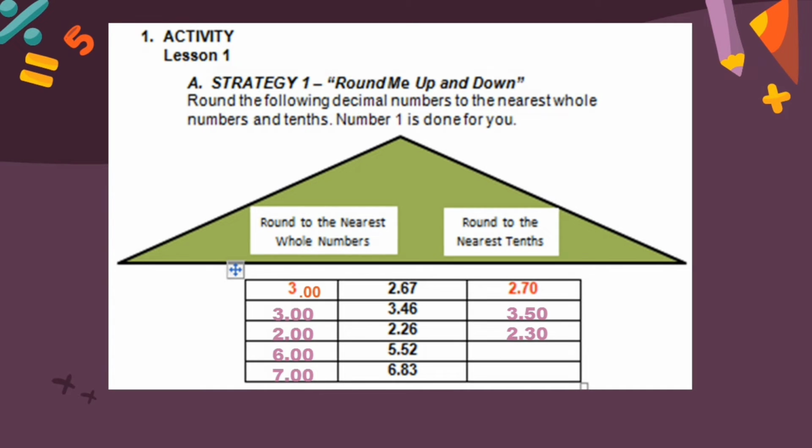Correct. 2.30. How about 5.52? Round to the nearest tens. 5.50. Very good. And the last number is 6.83. Round to the nearest tens. What is the answer? Very good. 6.80.